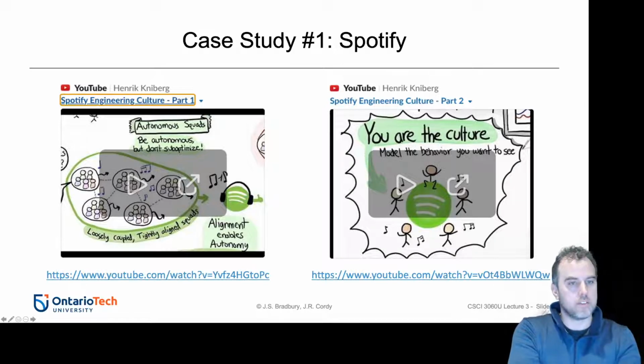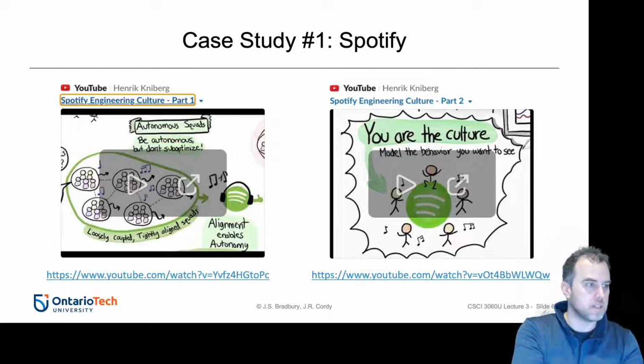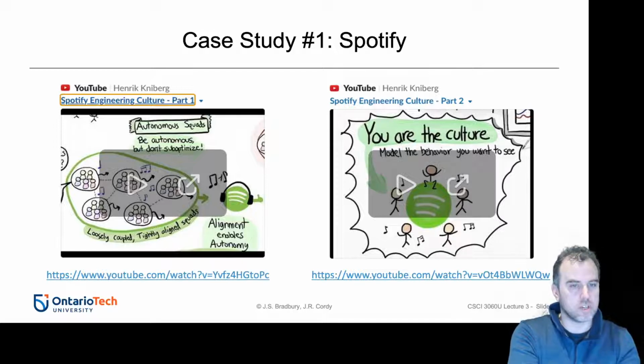I've already told you what my thoughts are: Spotify is a nice example of a company that is building its practices to scale, meaning for a large organization. They are still keeping in mind a number of the values and principles that you see in Agile, right?